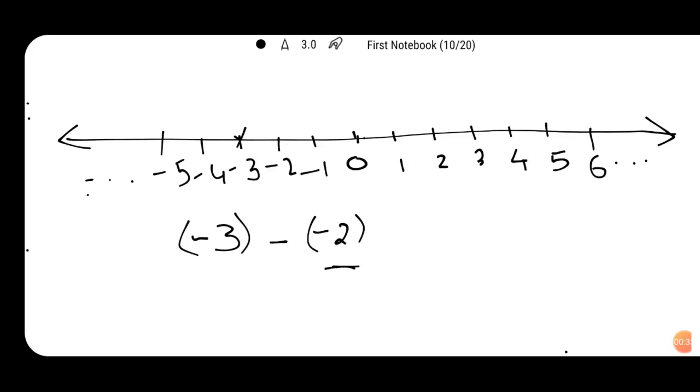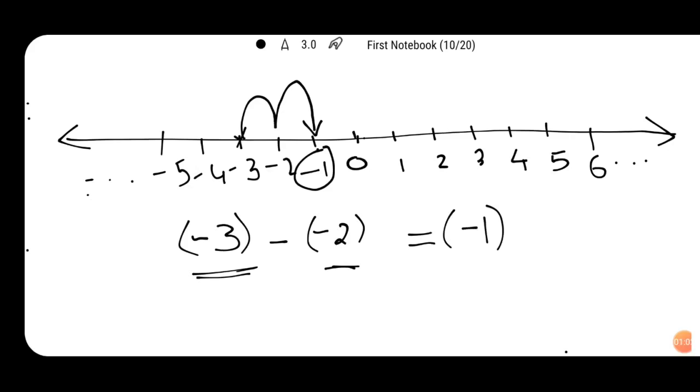As I told before, if you are subtracting a negative integer, we will move towards the right of the first number. So from negative 3, we are jumping twice towards the right. 1, 2. We have reached negative 1. So negative 3 minus negative 2 is negative 1.